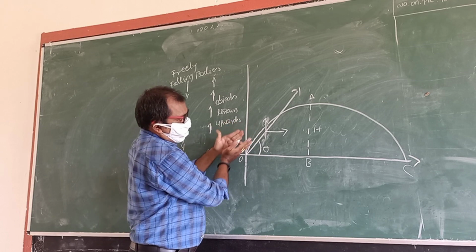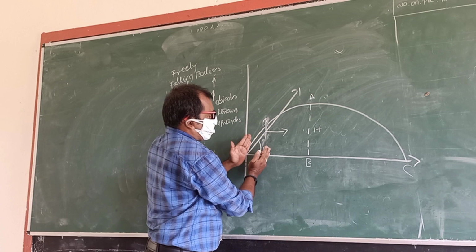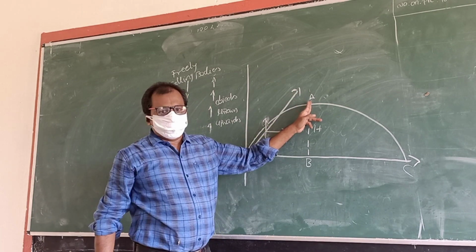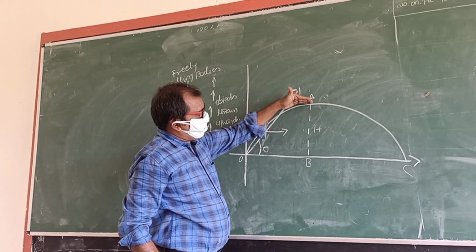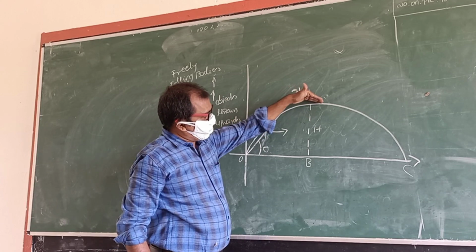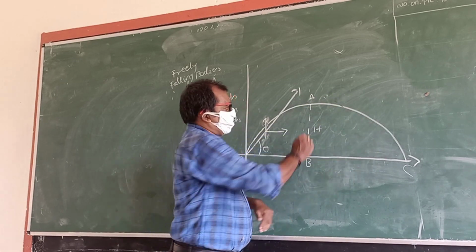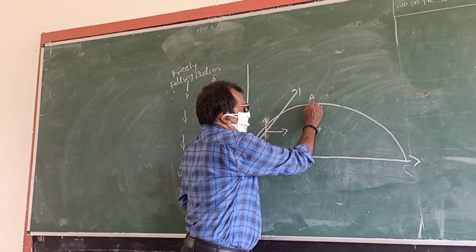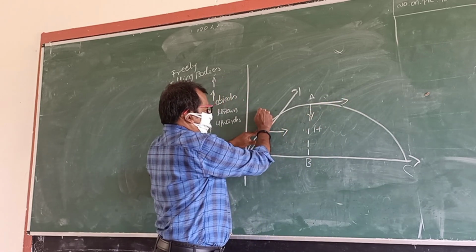So once the object is moving in a slant direction, it can be resolved into two components. Therefore, what is the maximum height reached here? H. One thing that can be noticed here is that the horizontal component of velocity remains constant throughout its journey, but the vertical component of velocity decreases first.